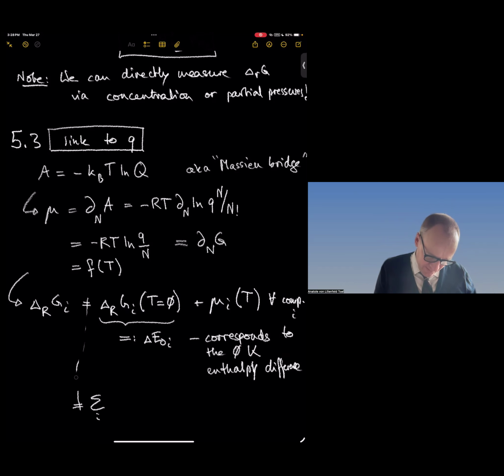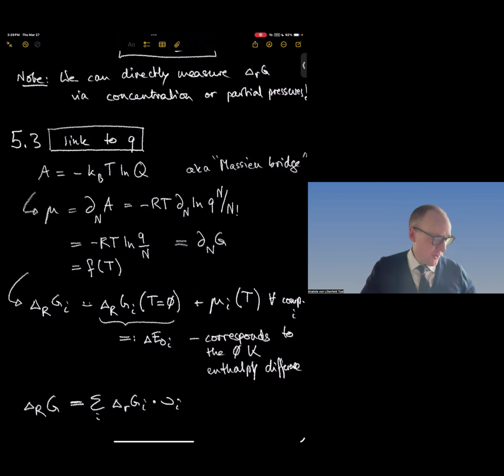So the total delta RG corresponds to the sum of the delta RG's of each component times the stoichiometrical factor of the corresponding component, right?